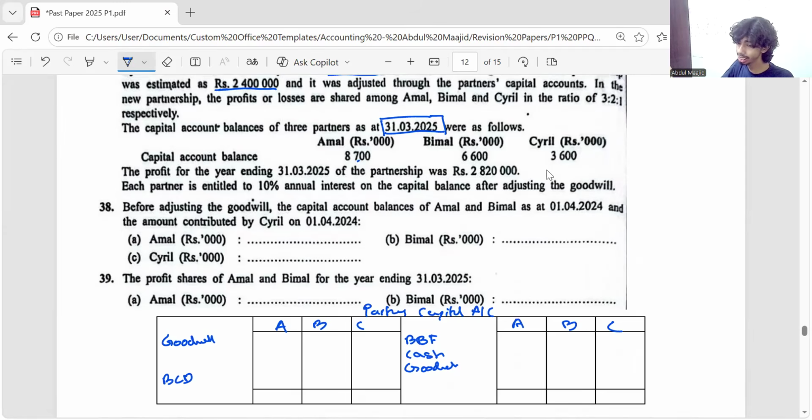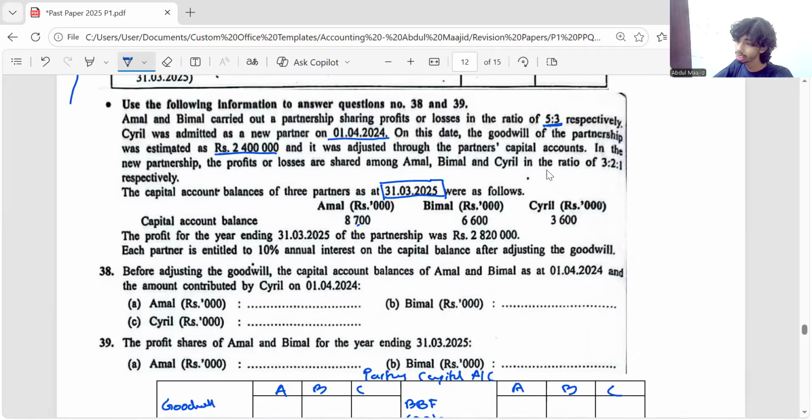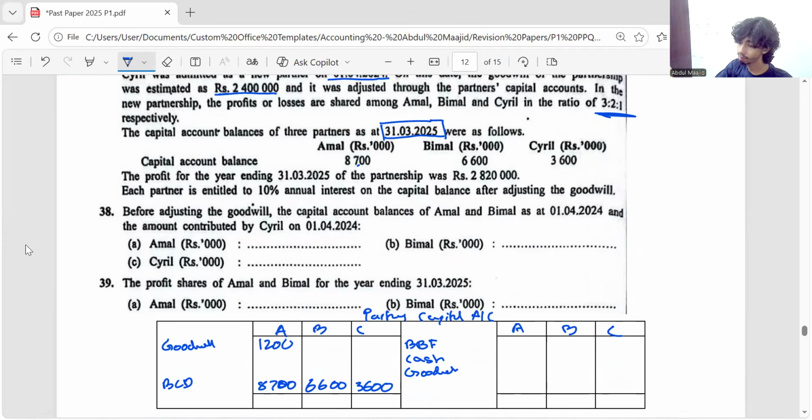Now the balance is given: 8,700, 6,600, and 3,600. Now goodwill based on the new ratio 3:2:1. Goodwill 2,400 divided by total ratio 6 into 3, it's gonna be 1,200, 800, and 400.